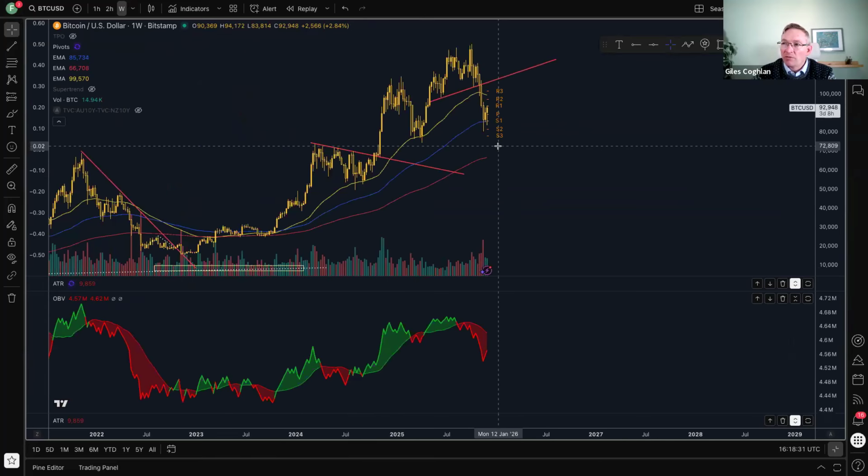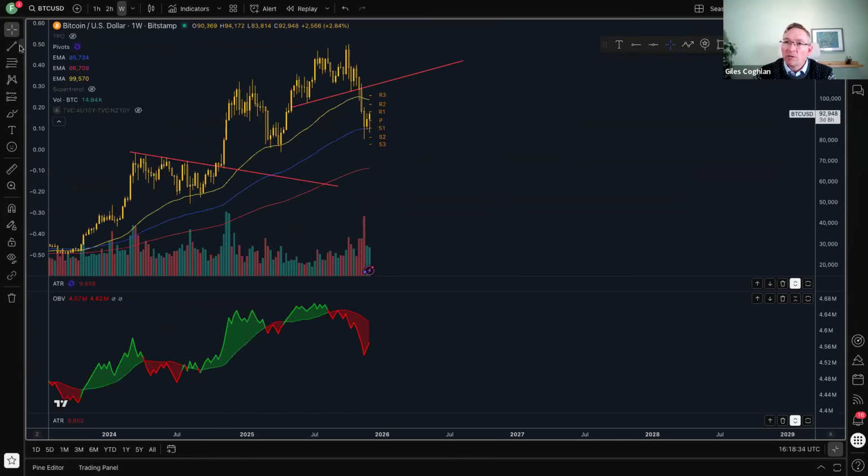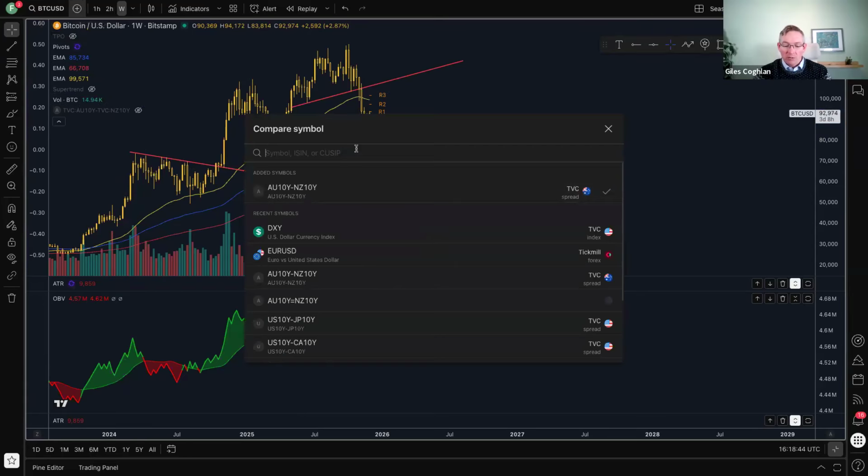So you can see Bitcoin, for instance. If you look at Bitcoin at the moment, one thing to be aware of is Bitcoin often moves in sympathy with the Nasdaq.